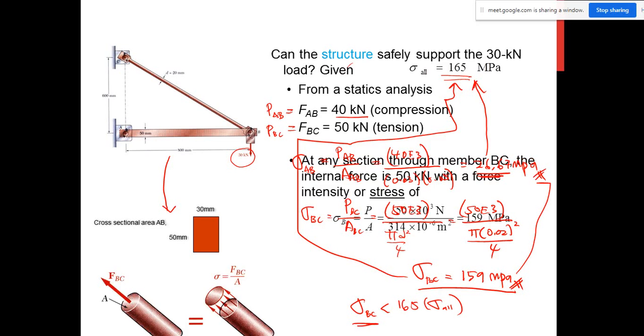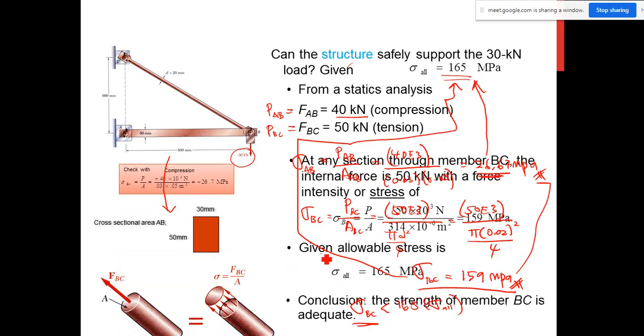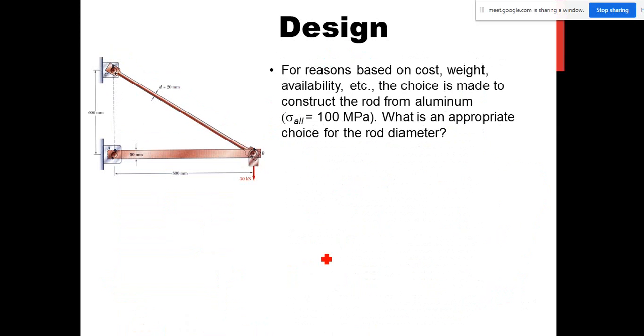Alright, so the next question is, for reasons based on cost, weight, availability, and so on, there are many uncertainties and many factors that you have to consider, so that the choice is made to construct the rod from aluminium.